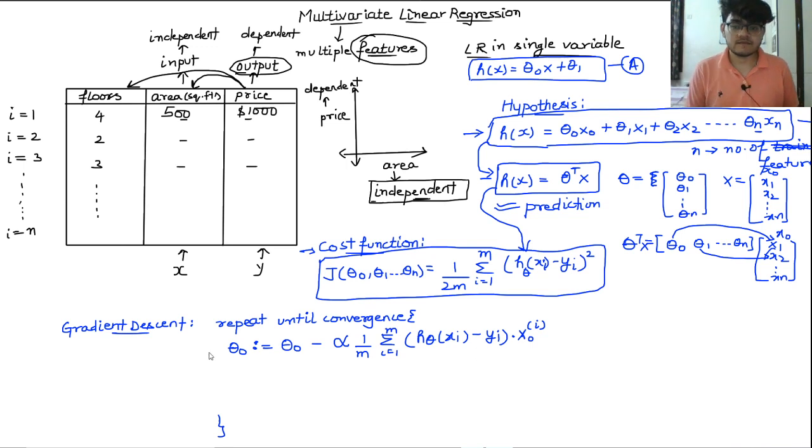We have already seen how we calculated the partial differentiation of this with respect to theta 0. So we will get something like this.